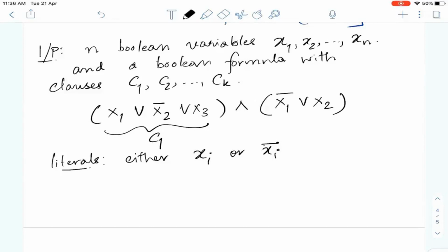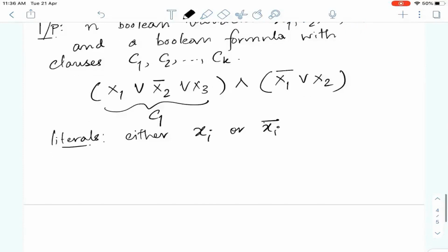Each clause will contain a disjunction of the literals. Disjunction means an OR gate. So it's an OR of these literals, and the entire formula is a conjunction of k such clauses. I have k clauses, and each of them is a disjunction of these literals, right?